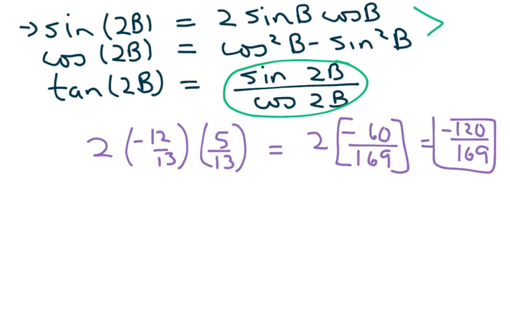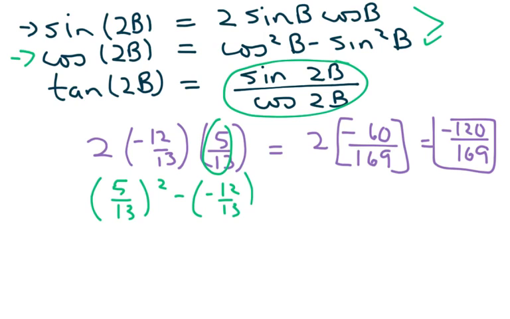And for cosine of 2 beta, I'm going to use this formula. So that's going to be, I'm just picking these values here, 5 over 13 squared minus negative 12 over 13 squared. And that equals 25 over 169 minus 144 over 169.